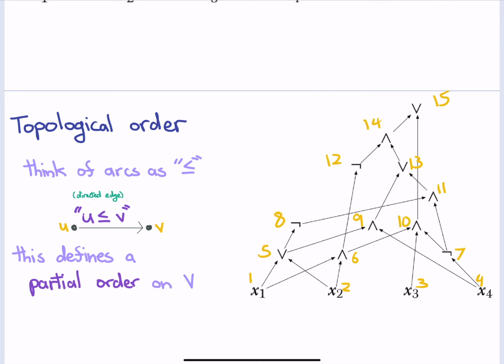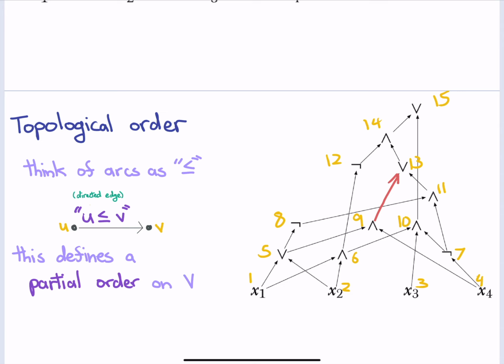In the case of evaluating logical circuits, when I'm looking at this arc from the AND to the OR, it also tells me that I need to evaluate the AND before I can evaluate that OR that's labeled 13. So we could think of these arcs as being like a less than or equal sign, and that'll define some kind of partial ordering.